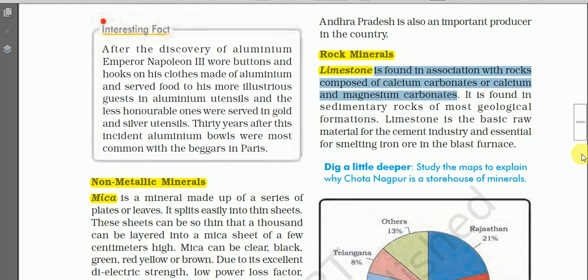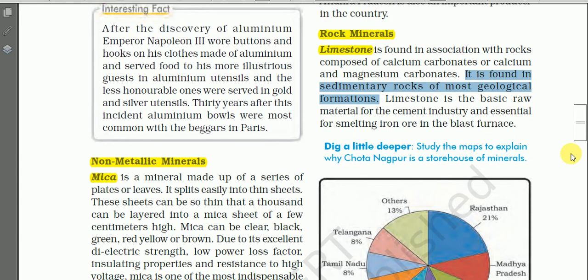That means limestone, dolomite, these are compounds of calcium carbonates. So it is found in sedimentary rocks of most geological formations. Limestone is a sedimentary rock that you have learned earlier, and in most of the sedimentary rock formations you will find this limestone. Formation means a layer which has been formed in a particular geologic time.